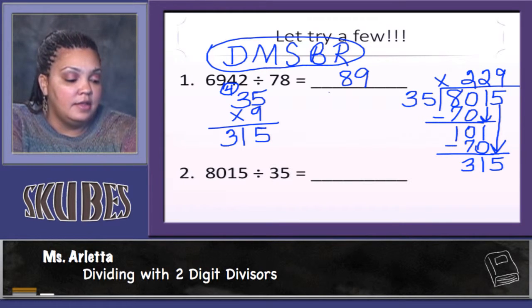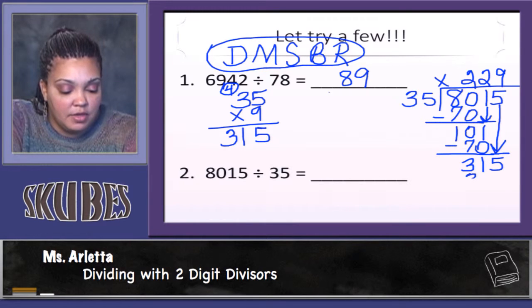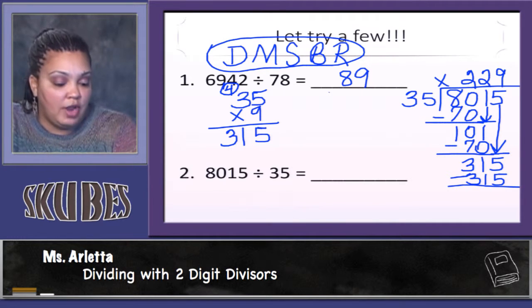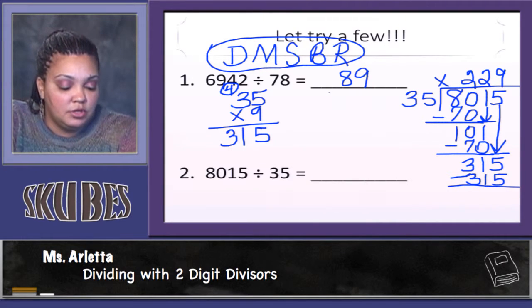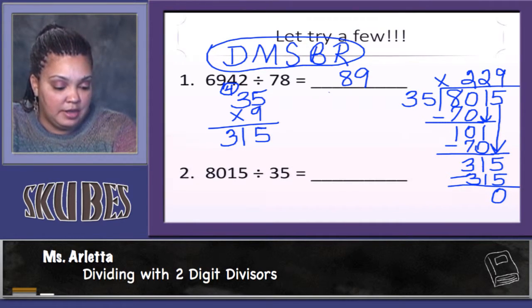After we divide, then we multiply. Because after your D is an M, 9 times 35, we've already done the math, is 315. And after your M, you'll see an S for subtract. If we subtract 315 minus 315, we have 0. After your S is a B for bringing down, there's nothing else to bring down.